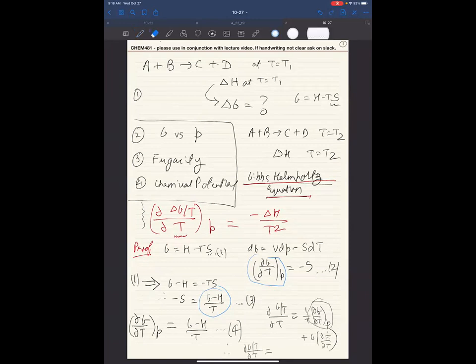Let's not skip in space. So we are talking about partial G over T by partial T at constant P. That's going to be 1 by temperature partial G by partial T at constant P plus G partial 1 over T by partial T at constant P.